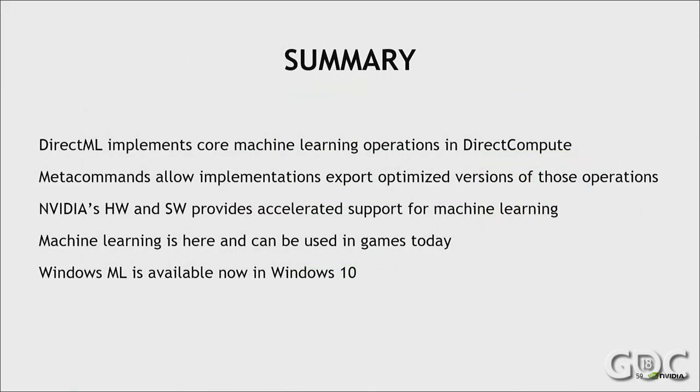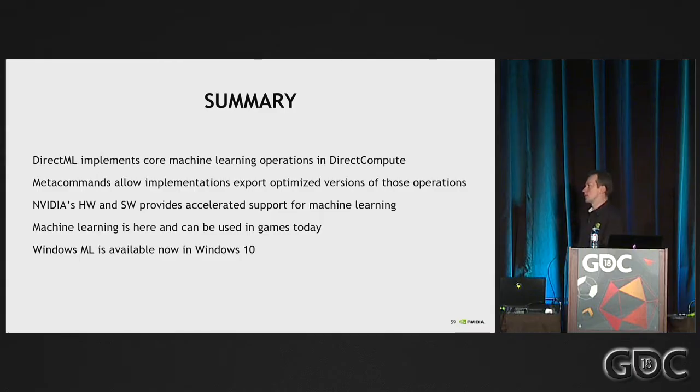We're talking about an 8x performance difference relative to the baseline. So, to summarize, we've talked about DirectML. DirectML implements core machine learning operations as direct compute kernels. This has the benefit of breadth of support: any direct compute implementation can run them. But to really extract the full extent of performance offered by specific hardware platforms, we need this new interface called meta commands, which allows implementations to export optimized versions of these operations.